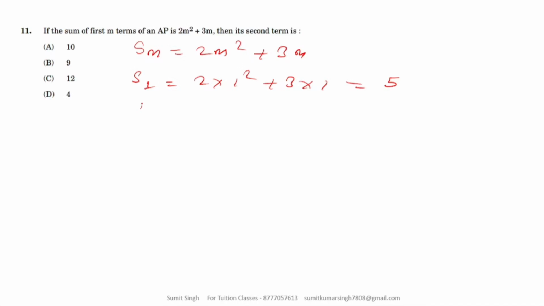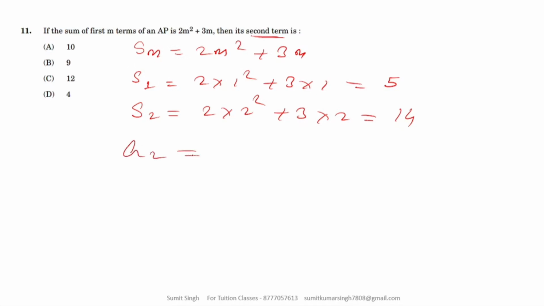Similarly, when we find the sum of the first two terms, we get 2 times 2 squared plus 3 times 2, which will be 14.